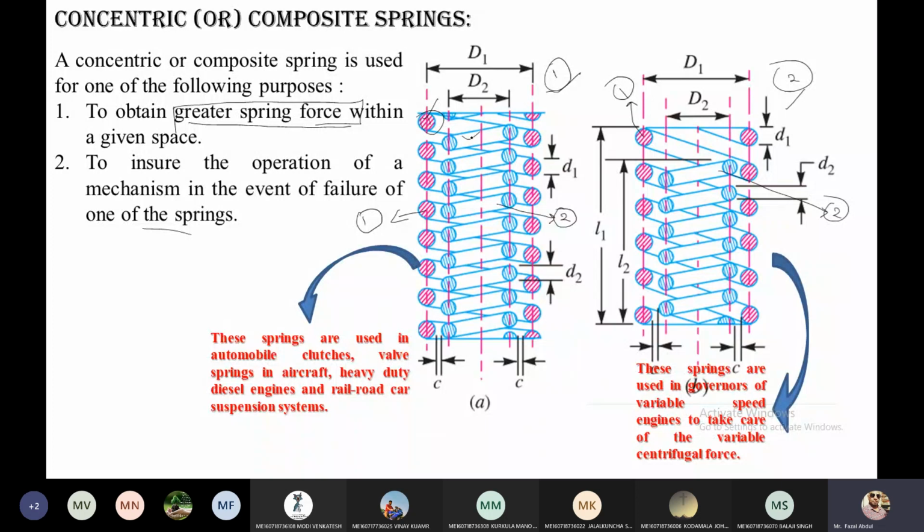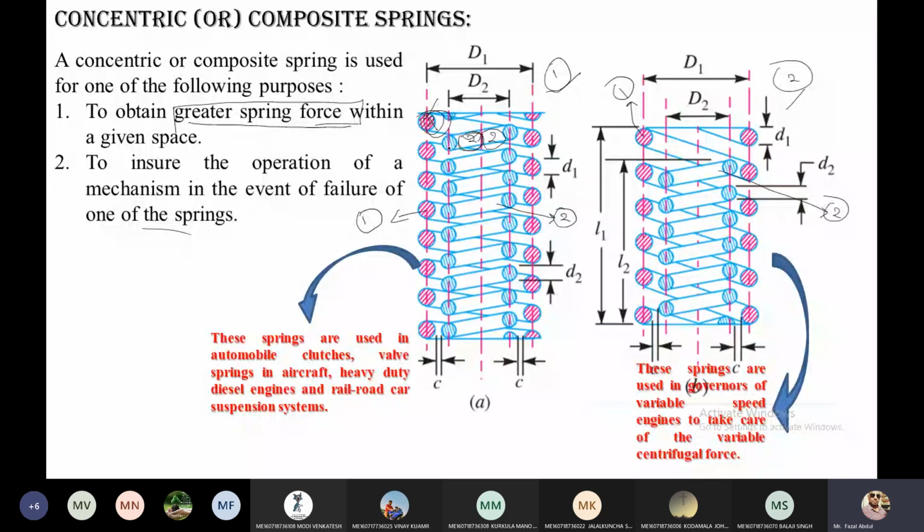At that moment, the second spring is going to take over whatever the forces, deflections and action are. Otherwise, sometimes the second spring fails, and then whatever the energy absorption, deflection and mechanical behavior, that is going to take place by the first spring. So the compensation is taken over by the alternate spring when one of the springs fails.